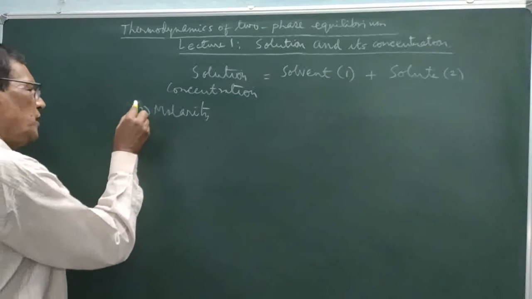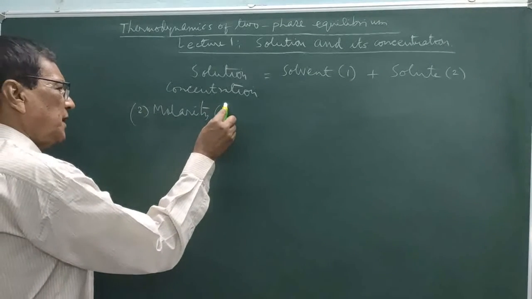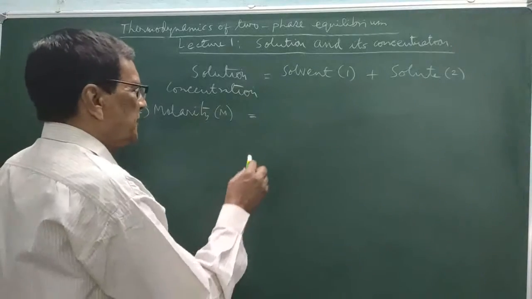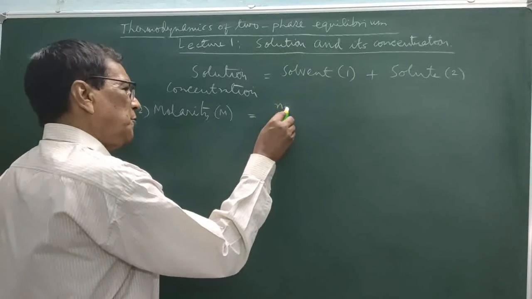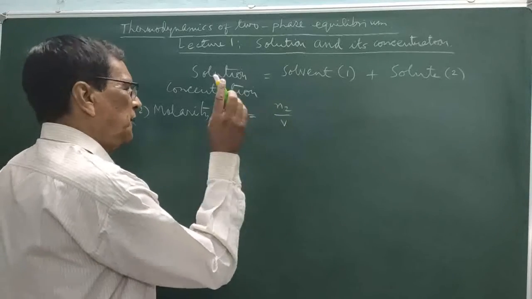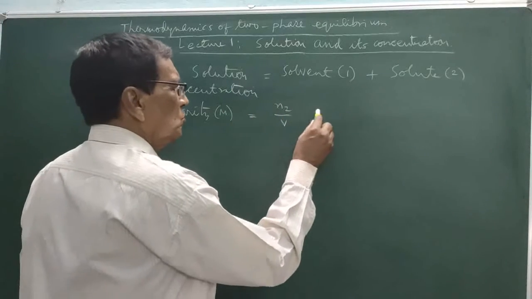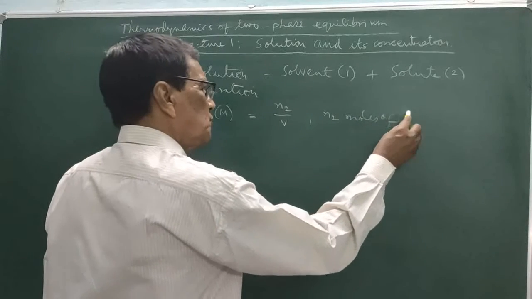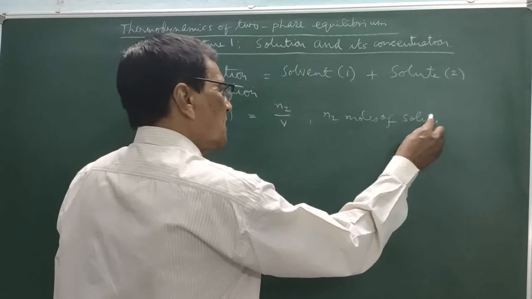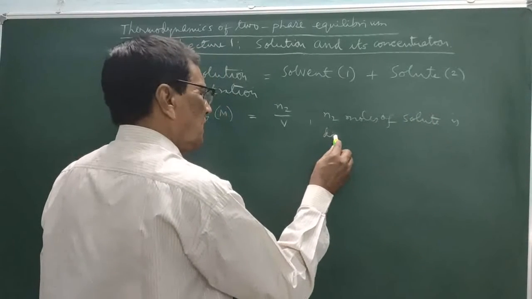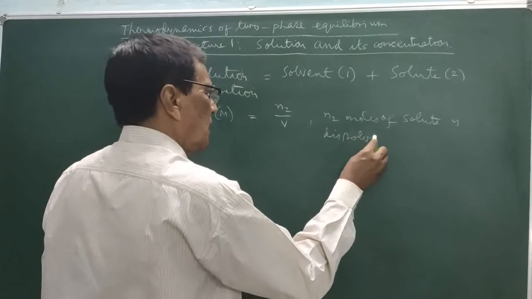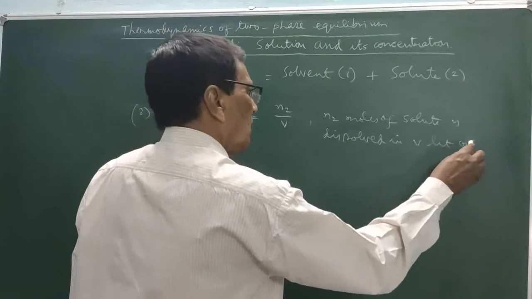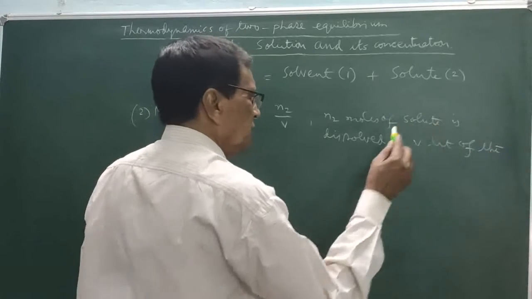Molarity, symbolized by M, is defined as N2 divided by V, where N2 moles of solute is dissolved in V liter of this solution.